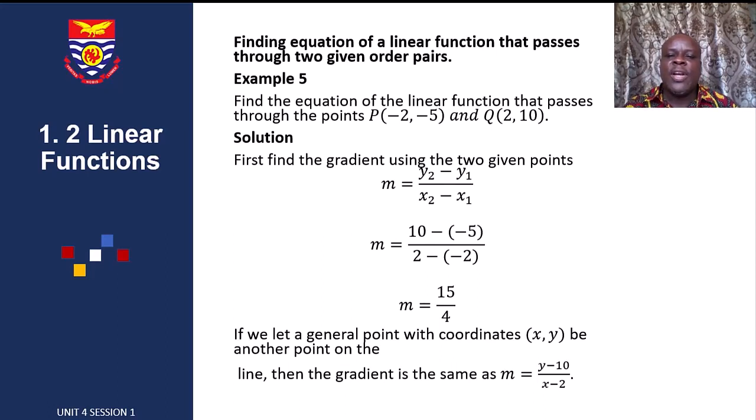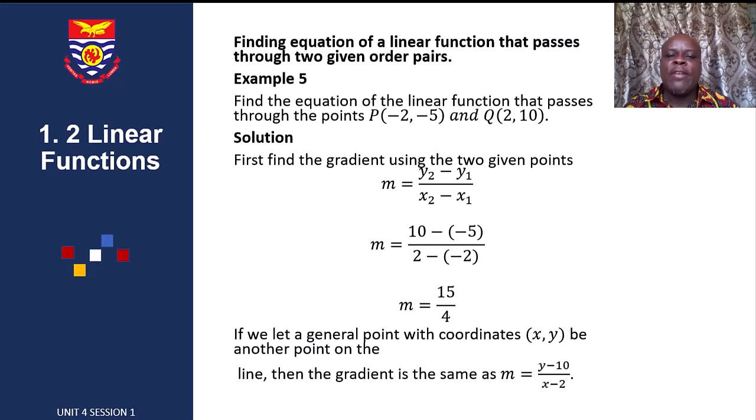So let's use the second one, y2 minus y1 over x2 minus x1. So when we take the point P, the first number there, which is negative 2, we make it x1. Then the second number, negative 5, y1. Then when we come to Q, the first entry there x2, the second entry y2.